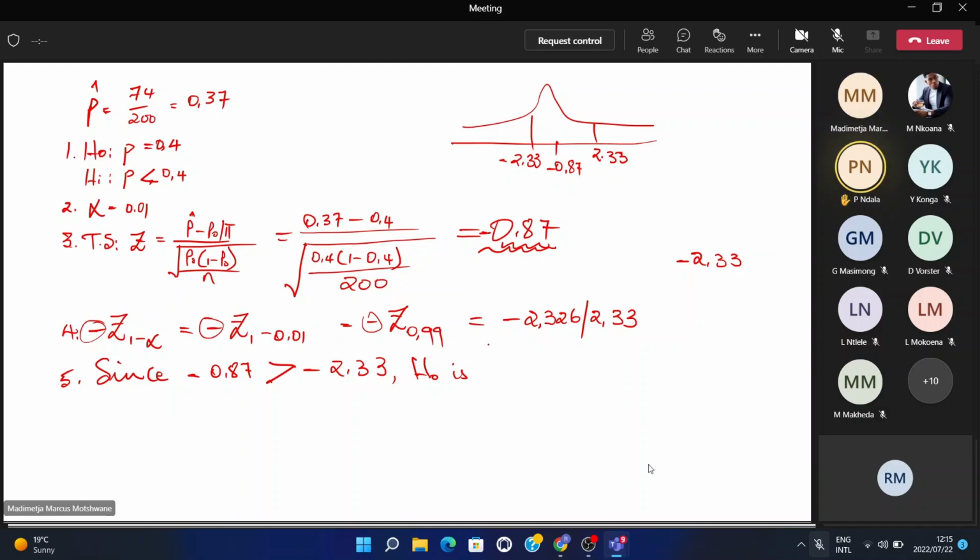Is it correct? Negative 0.87 is bigger than negative 2.33. This is correct, isn't it? Yes, sir, it is. So, null hypothesis is what? Is accepted. Correct. It falls within the acceptance region.